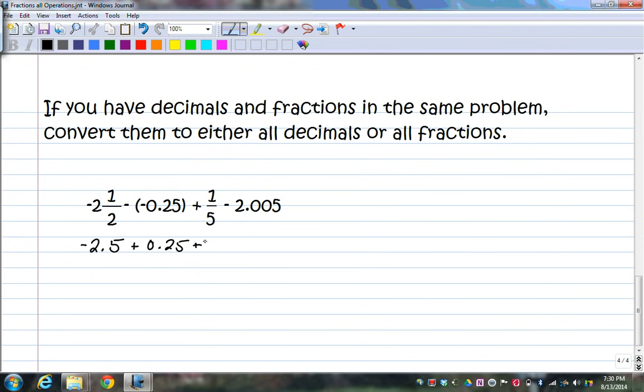This is already addition, so I'm going to loop 1/5 is 0.2, 0.2, and then plus a negative 2.005. Now when I'm doing this problem, I'm going to do my math off to the right here, but the first thing I'm going to do is these two. I'm going to combine those two. Remember, it's all addition, so our commutative property says you can do it in any order, but I'm just going to go from left to right.